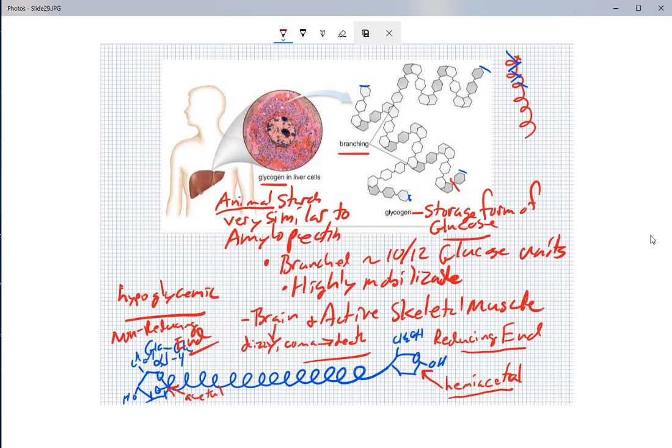Polysaccharides are considered non-reducing even though they have a reducing end, because there's only one molecule here that can open up and get oxidized by Benedict's or Fehling's reagent, and score positive in that test. All these others are linked by acetals. So there's many glucose units linked through acetals, and only one has the hemiacetal.